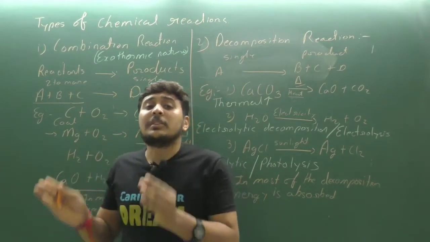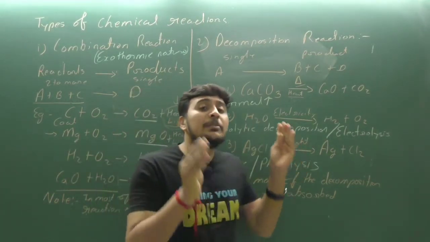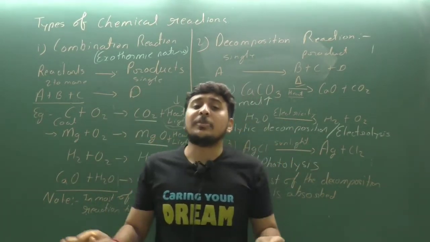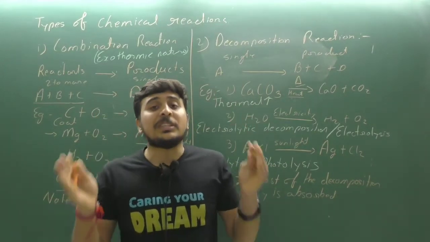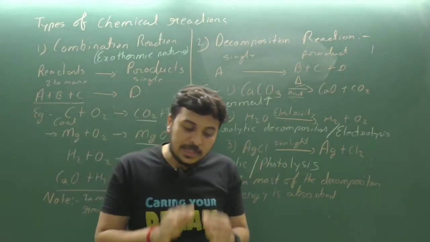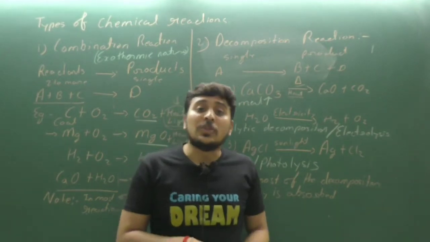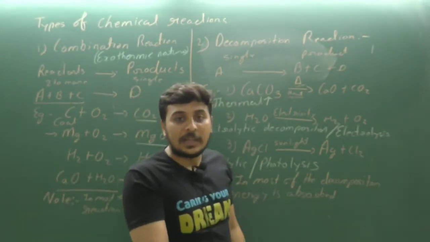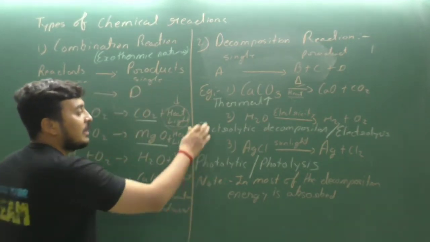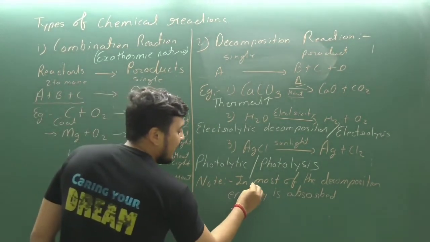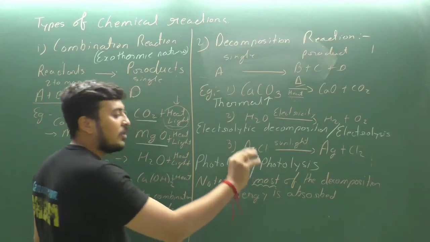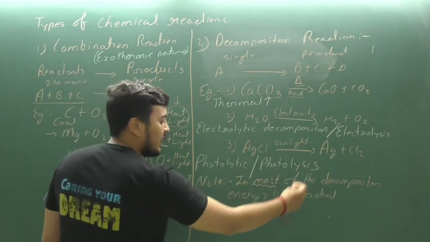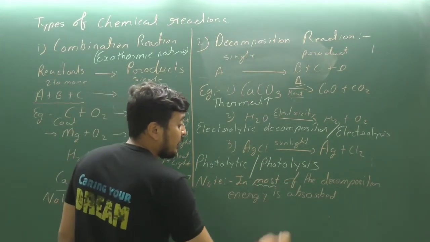Combination reactions also have exceptions, decomposition reactions also have exceptions. In chemistry there are exceptions, exceptions and exceptions. So another name of chemistry can be written as exception. Clear? But generally we will remember that in most of the decomposition reactions energy is absorbed.